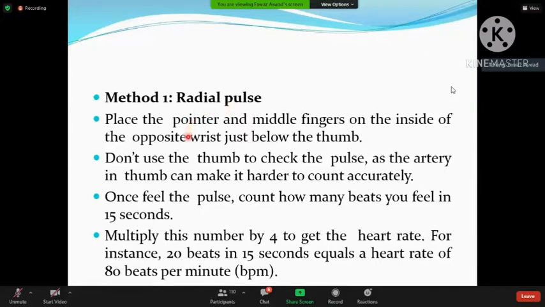And what are the false ways in measuring the radial pulse. This is not theoretical, it is related to the practical part, but I mentioned it because the dentist sometimes, when exposed to any crisis, needs to know how to measure that.